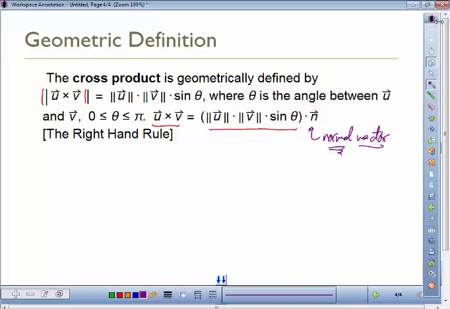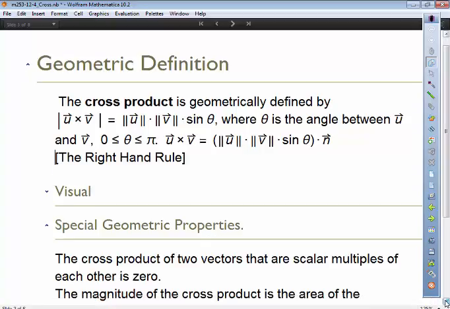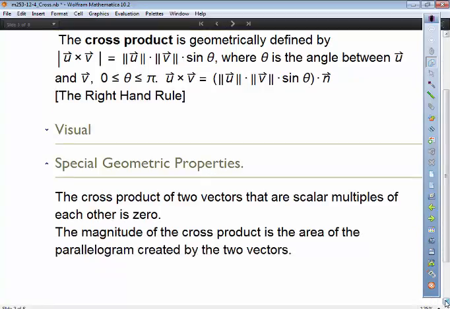I wonder if that's mentioned here. Nope, I should mention it, and then we'll take a look at these other geometric properties.